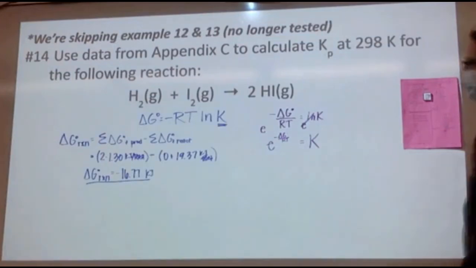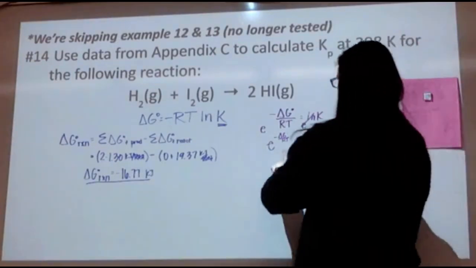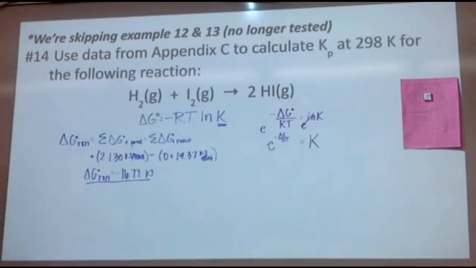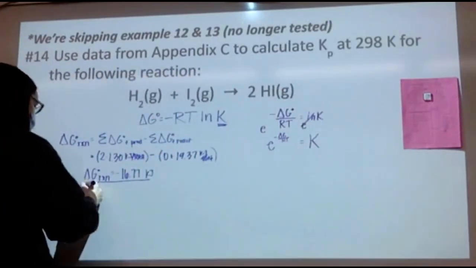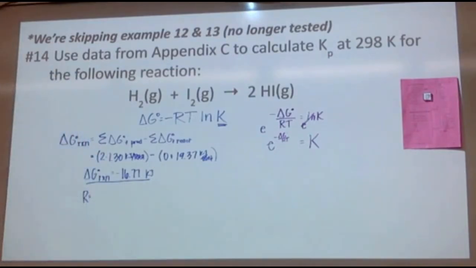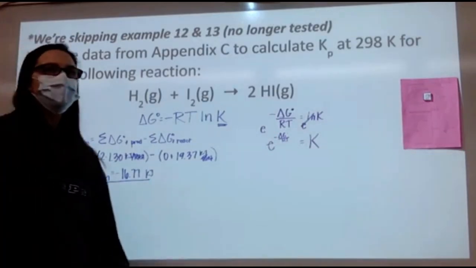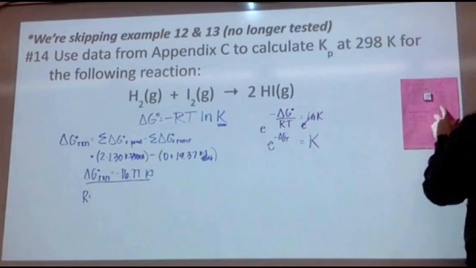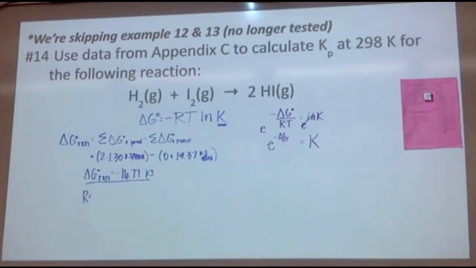Now, when we plug in values, I'm going to write them all out. So here's my delta G already. If we're looking at R, we've looked at R before. That's the ideal gas law constant. All of your values of R can be found on the equation sheet. You have 3 different values of R given on the equation sheet.